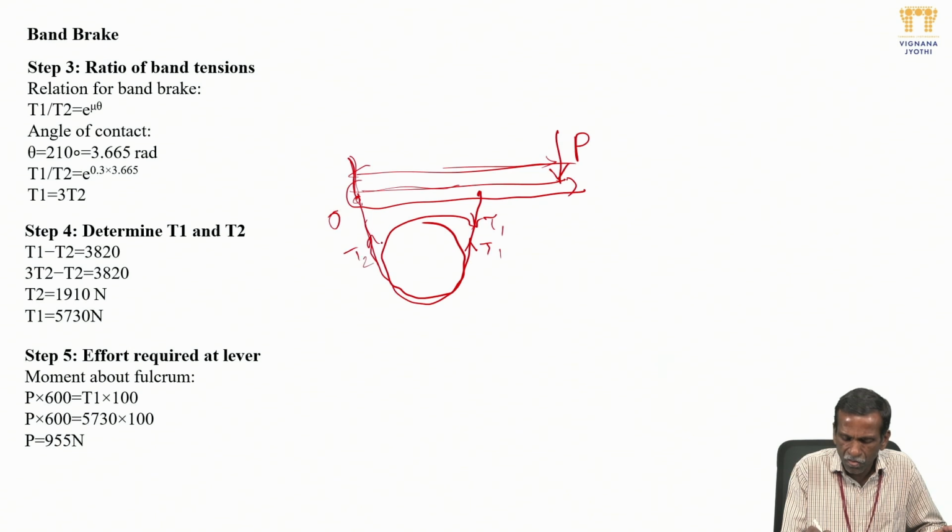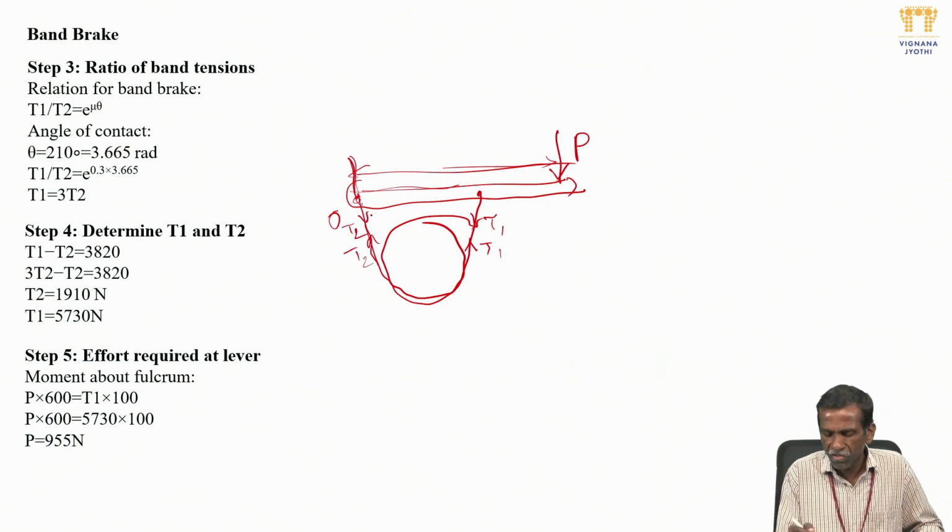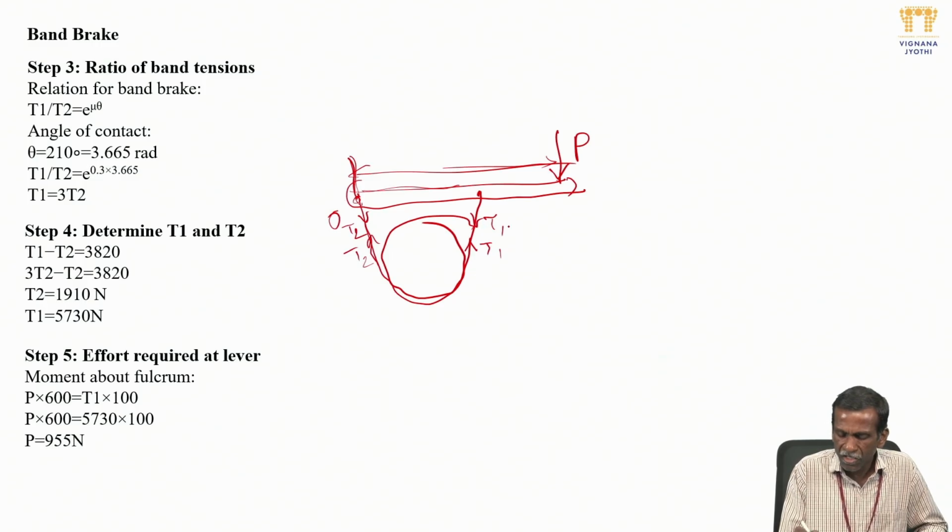The moment of T2 about O is anyhow 0, as it passes through O. So P into 600 equals T1 into 100. So P equals 955 newtons. This is the effort required at the lever, that is P.